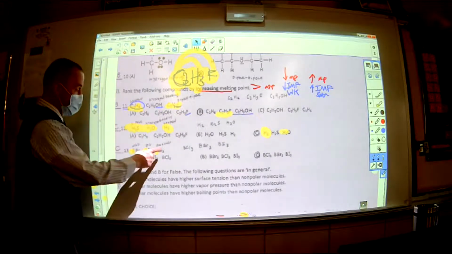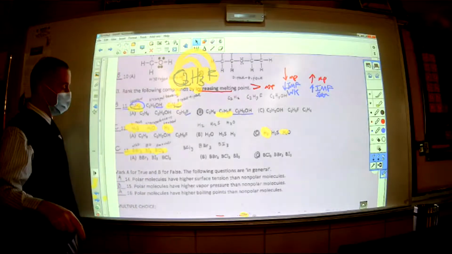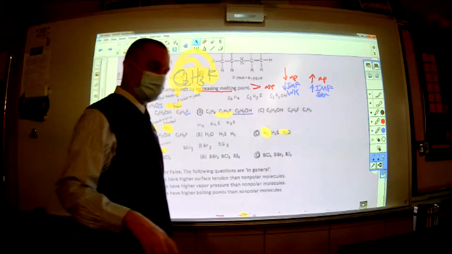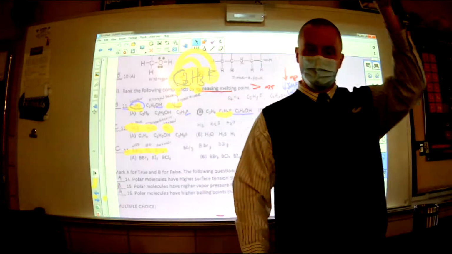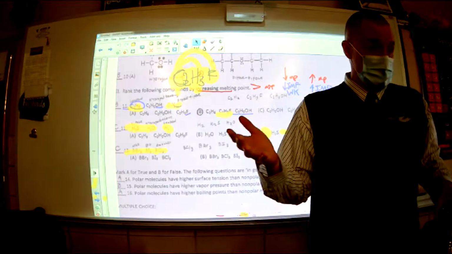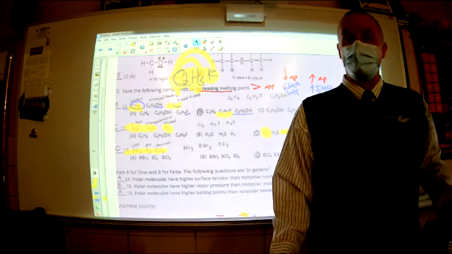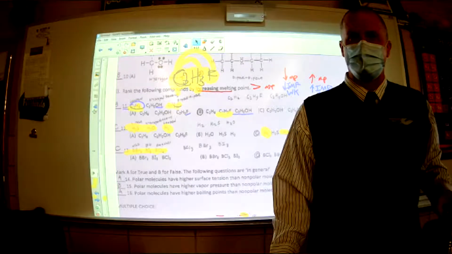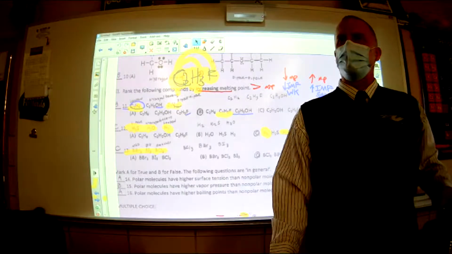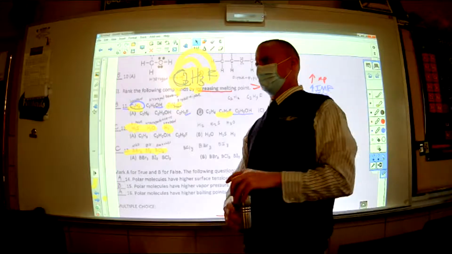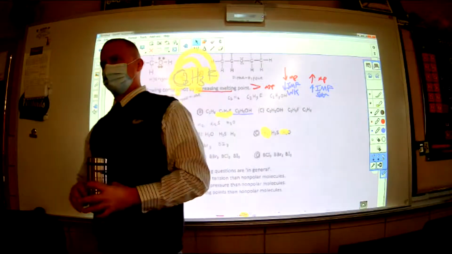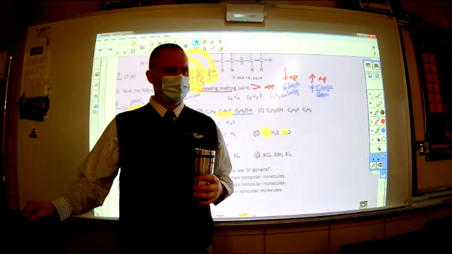So what kind of forces will be on these molecules then? Intermolecular forces, IMFs. If it's symmetrical, the only intermolecular force it can be, it's not ionic because it's not charged. The only intermolecular force on a symmetrical molecule is what, please? I cannot hear you.